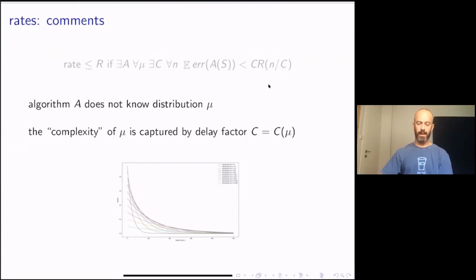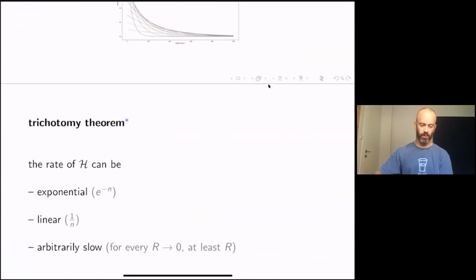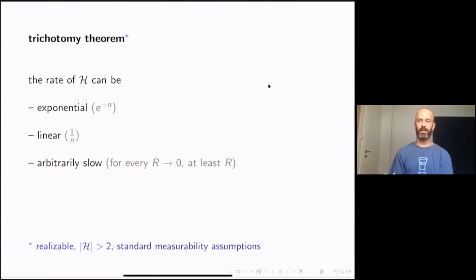Now the thing I want to tell you is that with this definition, you can prove that the rates have a trichotomy. There are exactly 3 options for rates with all the definitions I stated before. The rate can either be exponential, which goes to 0 very fast.